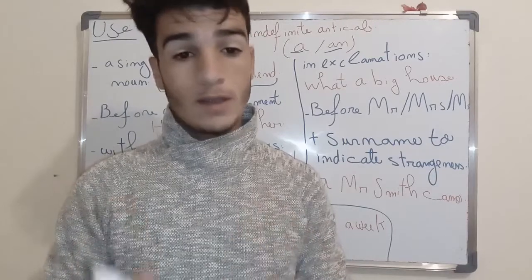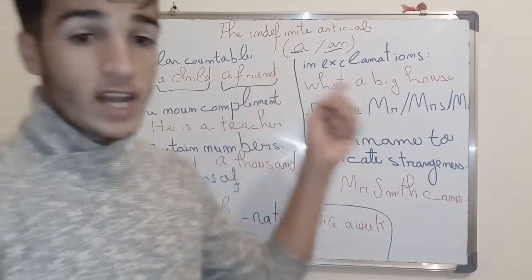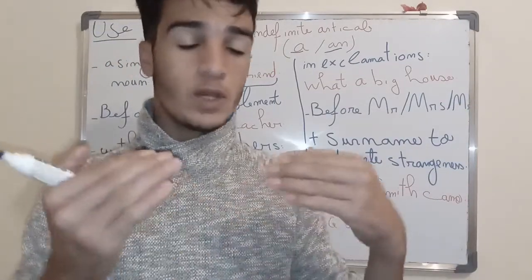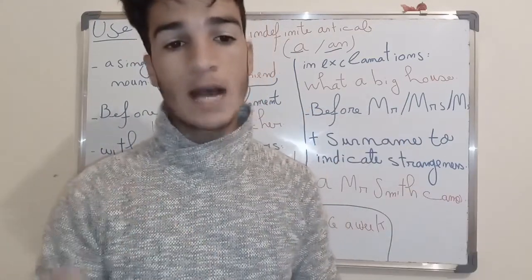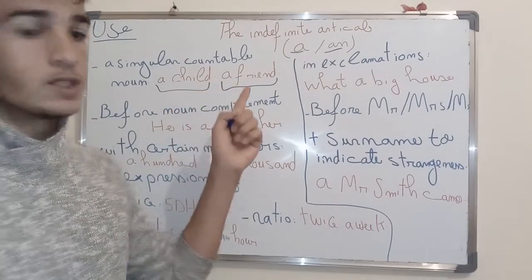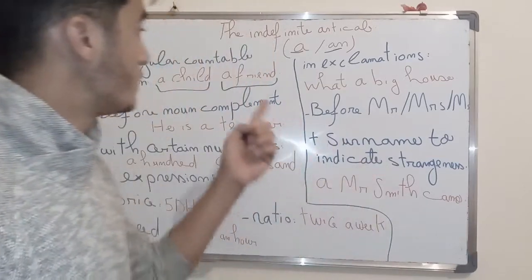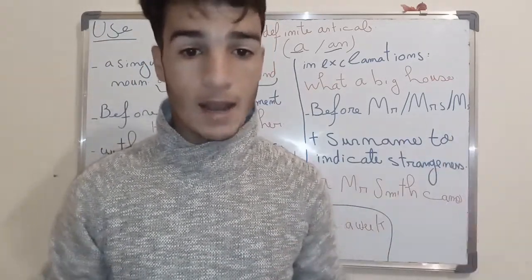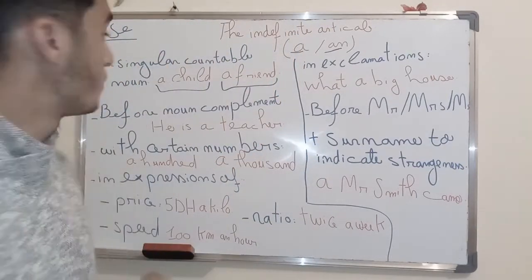If it is plural, friends, we don't use the indefinite article. So we use the indefinite article before singular and countable nouns because both of these nouns can be counted. We can say I have one child, two children, three children. We can say I have a friend, one friend, two friends, three friends. That's what countable means.